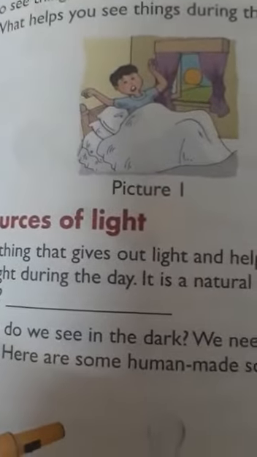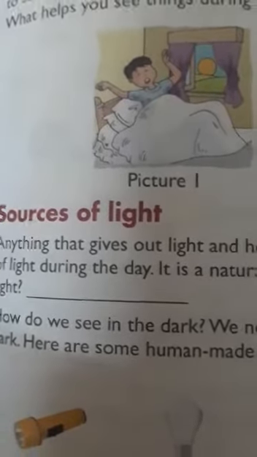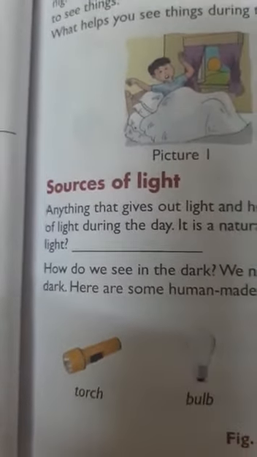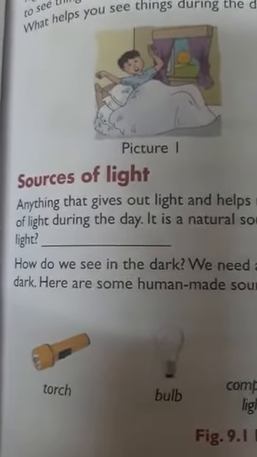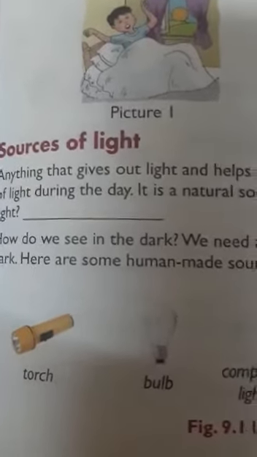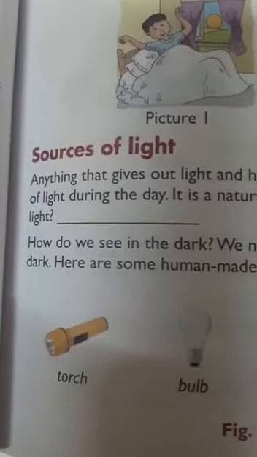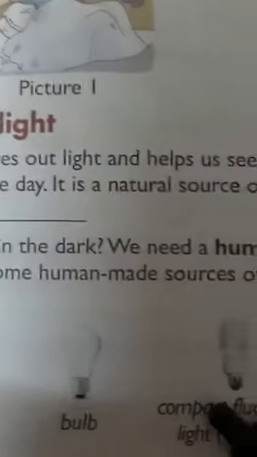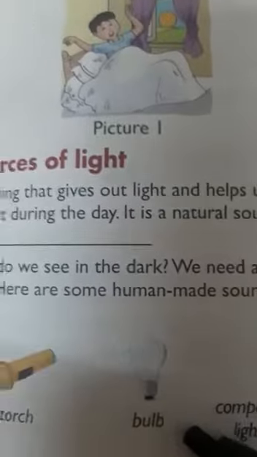So in daytime, obviously the sun will be there. In the sunlight, everything will be clearly visible. But in the night or in a dark place, we need some human-made sources of light to see. So what are the human-made sources of light? Torch. Yes, torch is human-made. Bulb.